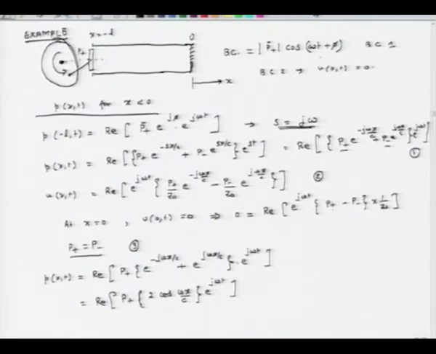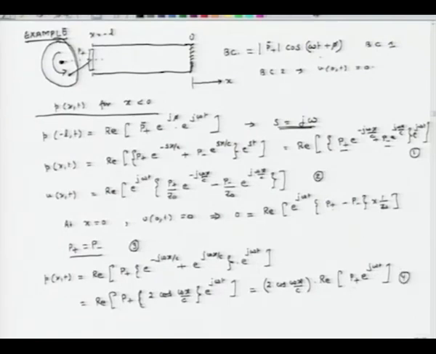So, I take cosine(omega x over c) out of the rectangular brackets. So, 2 cosine(omega x over c) times real of P plus times e^(j omega t). Now, let us call this equation 4.